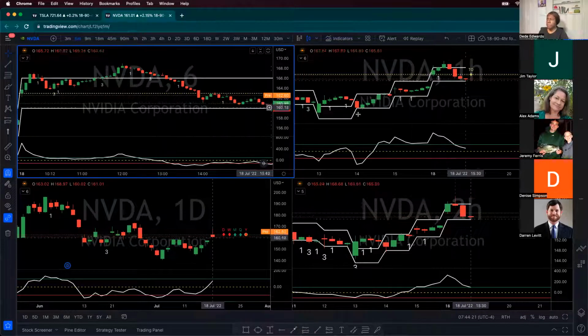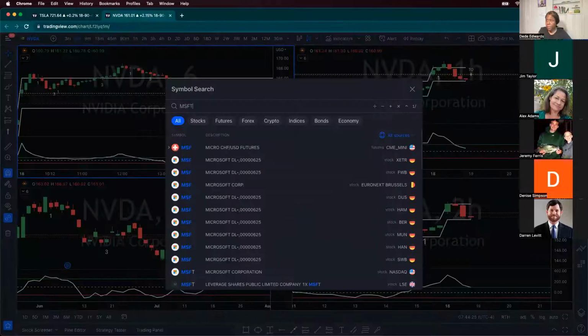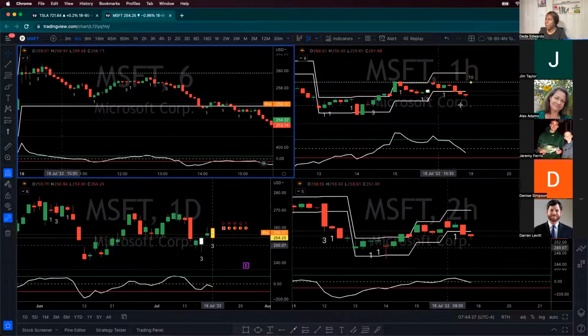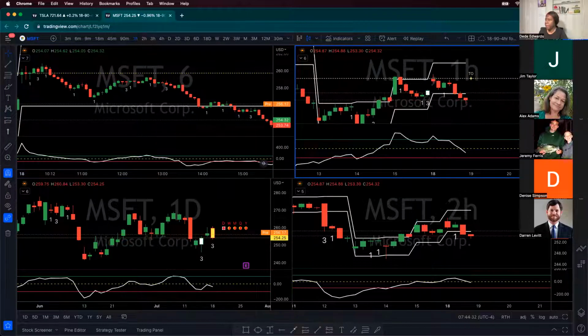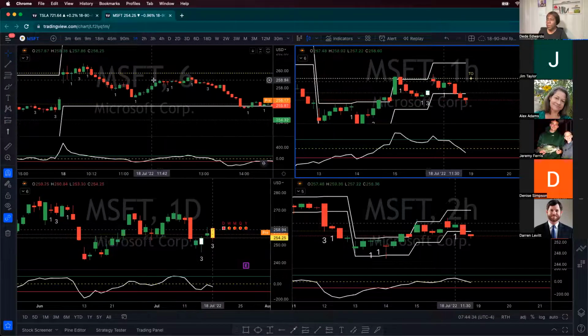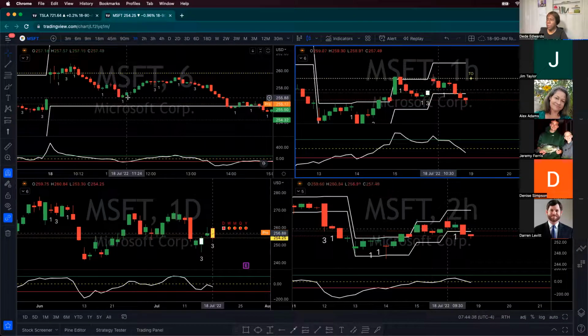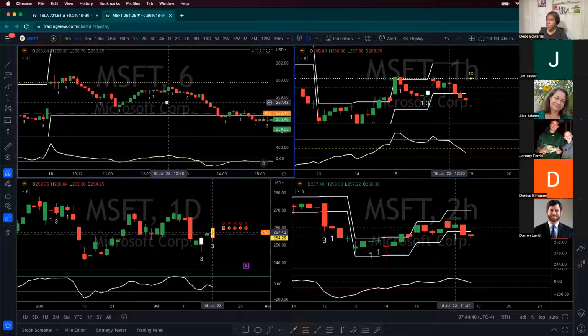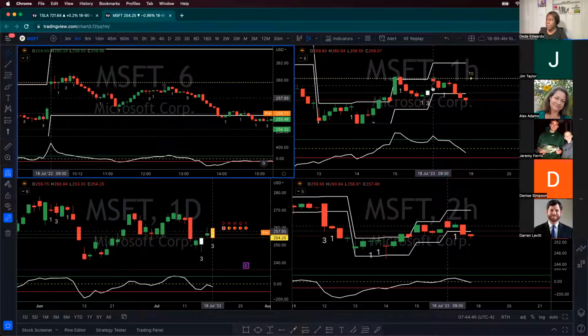Okay, let's look at Microsoft. Microsoft was a tough trade to start. Here we go again, which is why we love for price action on the gappers to wait for our 60, right? Let the 60 form, guys.